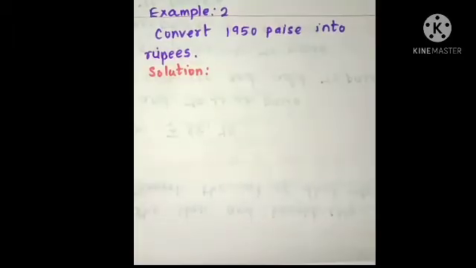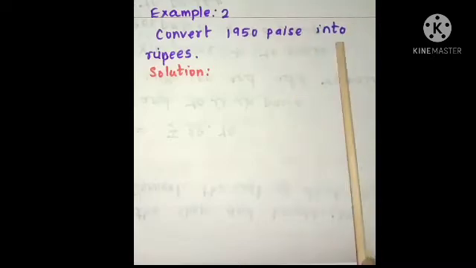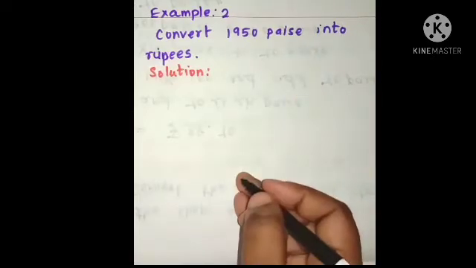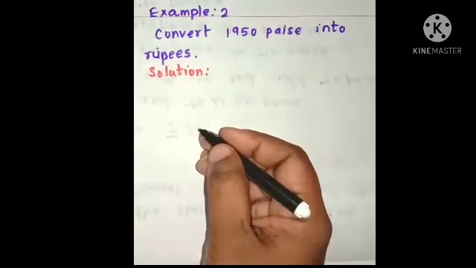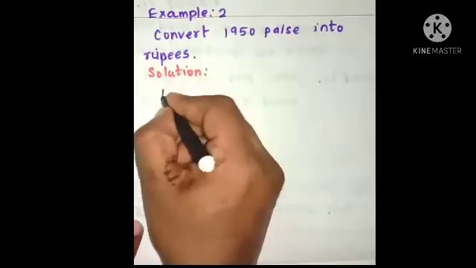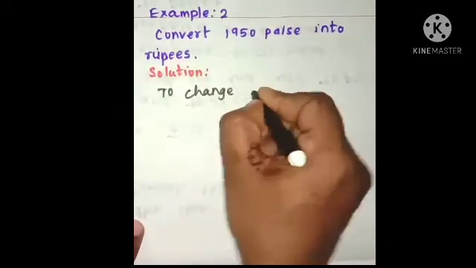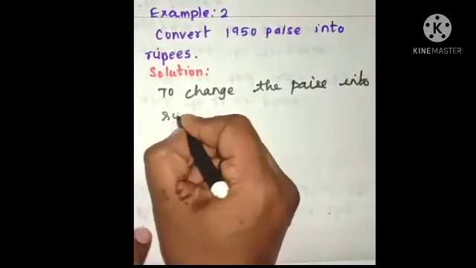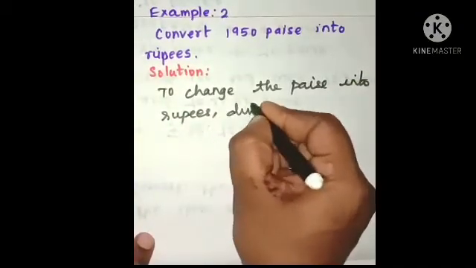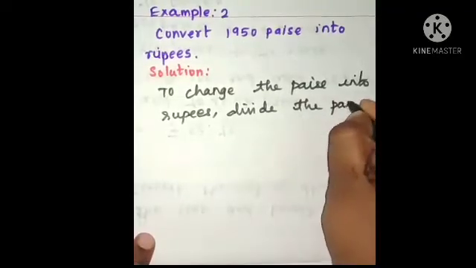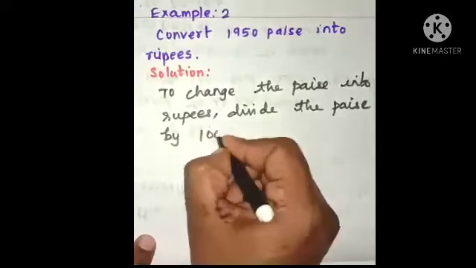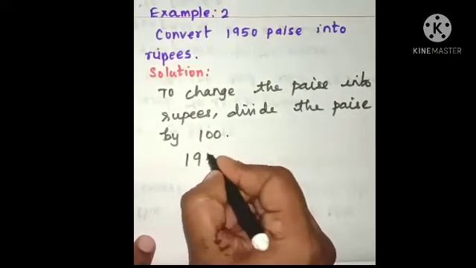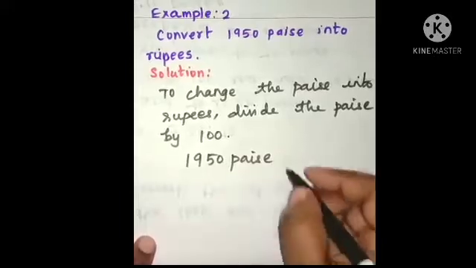To convert 1950 pies into rupees, so children, what we have to do? We need to divide by 100. Divide 1950 by 100. So, to change the pies into rupees, we need to divide the pies value by 100. 1950 pies is given, isn't it?